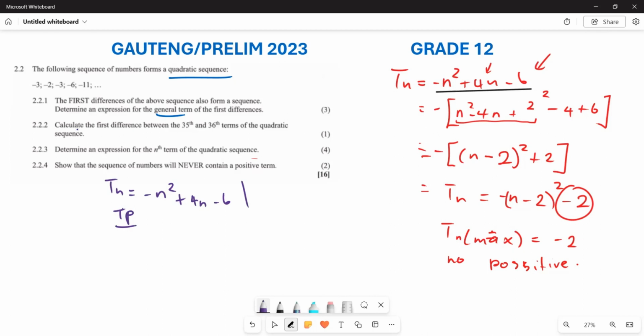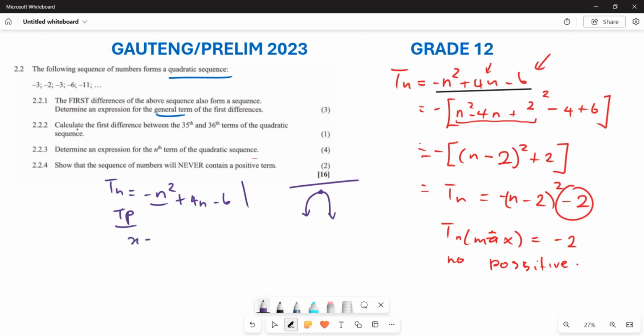Now, remember, if this is a quadratic function, it is going to be looking downward, because your value of a here is negative. So if you can find the value of the turning point here, then you can determine whether this is going to have a positive term or not. Now let's find the turning point.